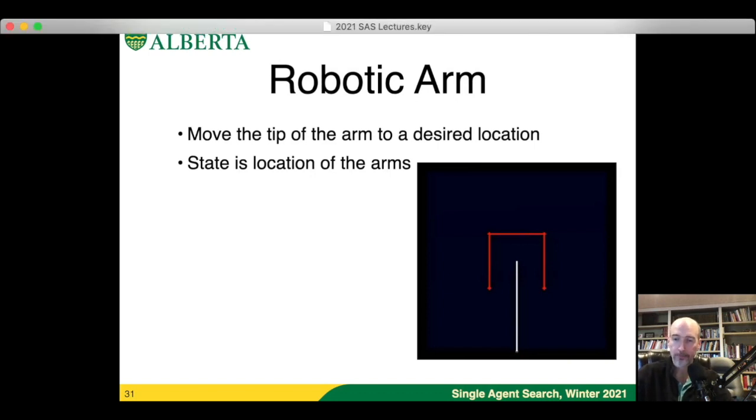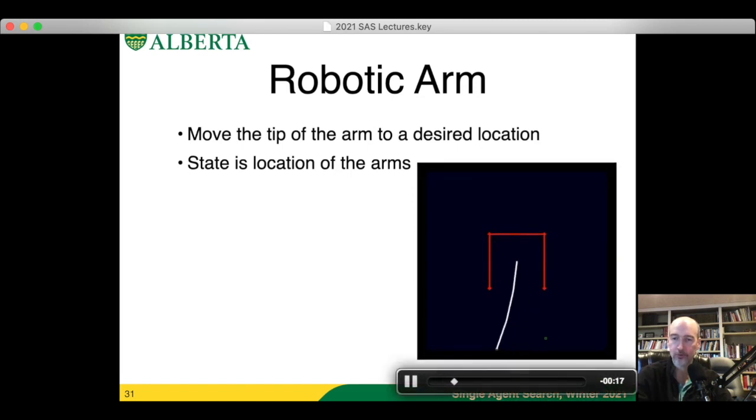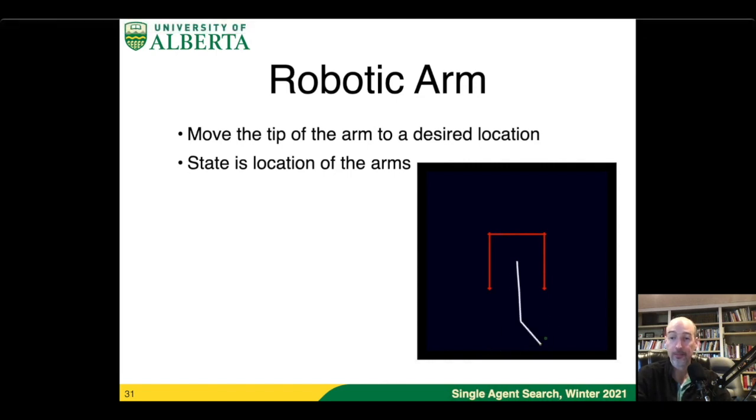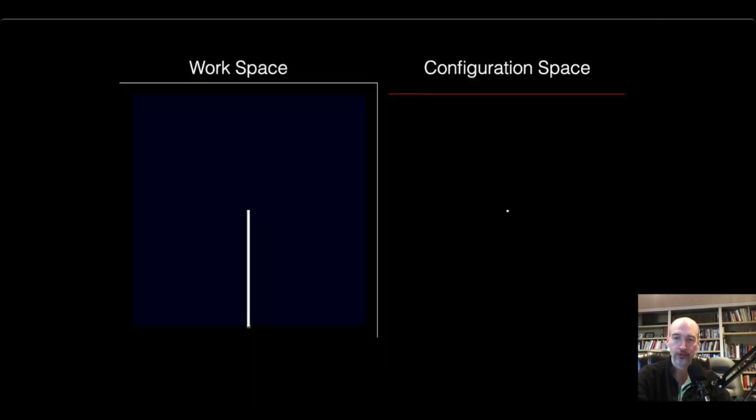So I have a robotic arm, and let's just look at some animations on this arm. So here I think about, like, I'm trying to move the tip of the arm. This is showing a simple search, trying to get the tip of the arm to a given location, which is a little tiny green square. It may not be visible there, and here's an optimal solution that looks at that. Robotic arm is very interesting because we have a workspace and a configuration space.